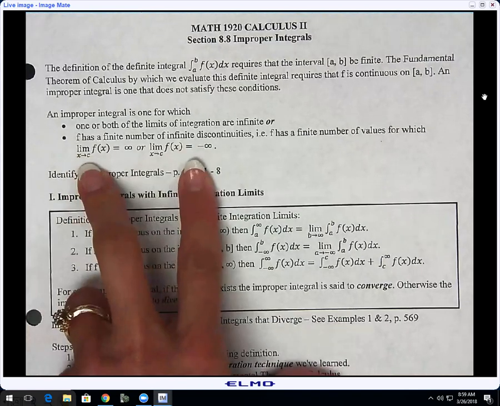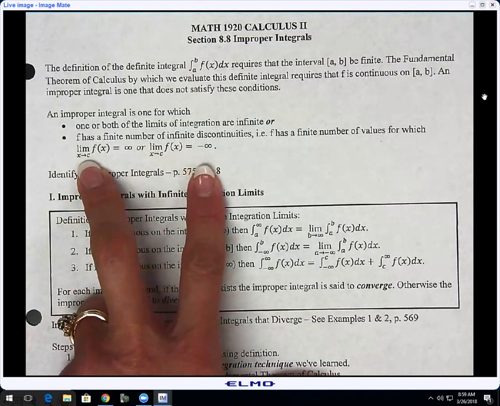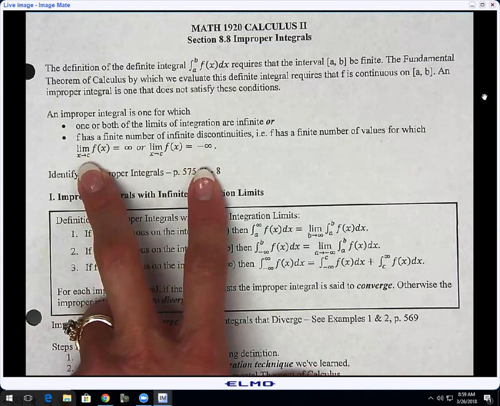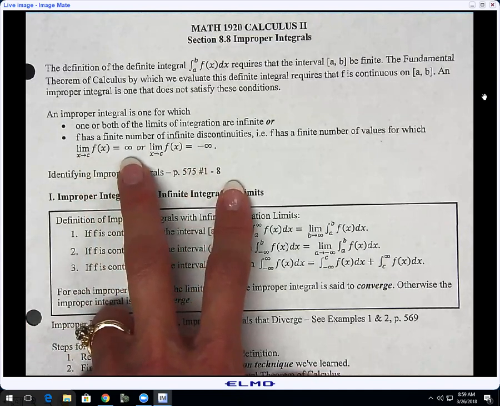Now, I've seen that before. What does limit as x approaches c of f of x is infinity mean? What have we seen that as the definition of something? As x approaches this number, the function goes to either positive infinity or negative infinity. Try to picture that graph.